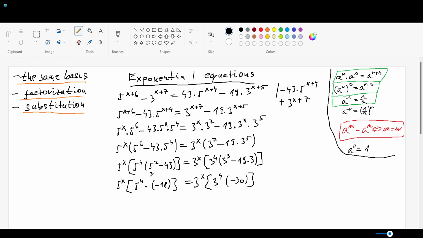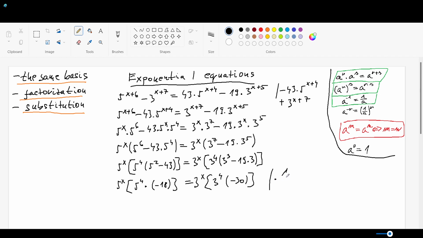So you can see, evaluating these numbers is much easier than evaluating 5 to the power of 6 and so on. And it's a really clever idea. So now I think we are ready to do our last step to see what the result of the equation is.